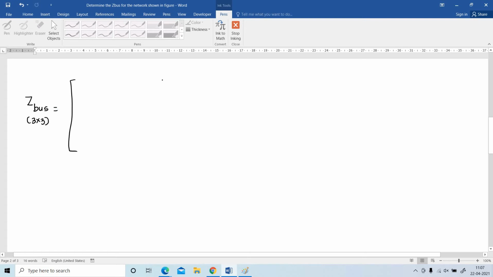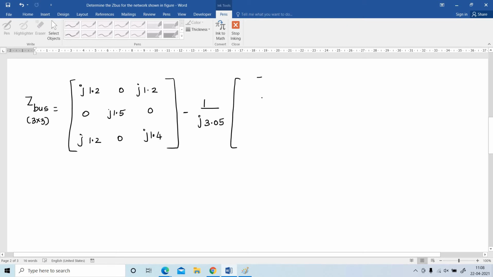Have to write the 3 cross 3 matrix once again: J 1.2, 0, J 1.2, 0, J 1.5, 0, J 1.2, 0, J 1.4 minus 1 by J 3.05 into, first of all you have to write the last column elements J 1.2 minus J 1.5, J 1.4.